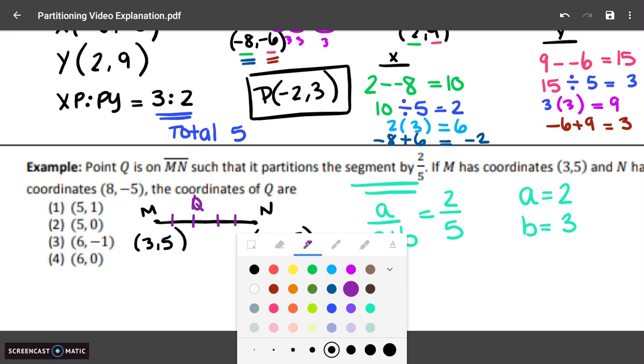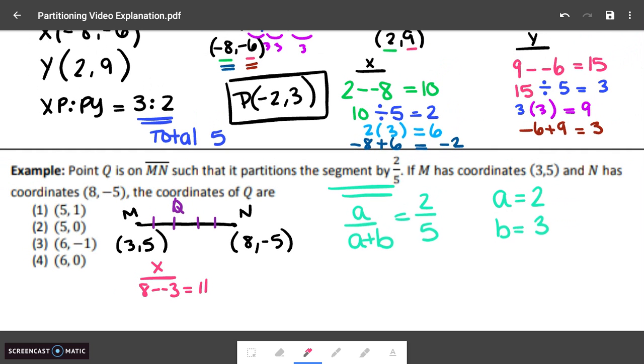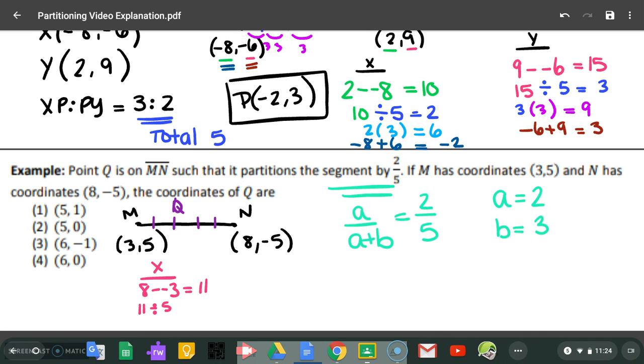Okay. And so we're going to find that by doing the same thing we did. I'm going to take my x's. Whoops, realize it's not a negative 3.